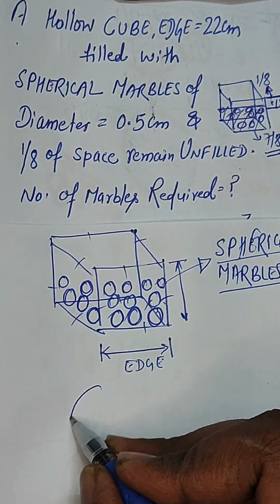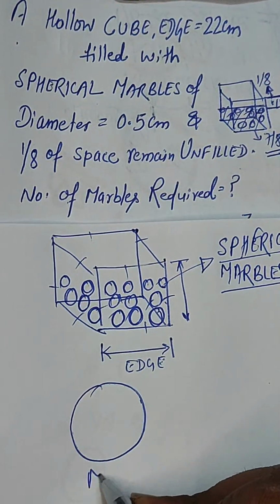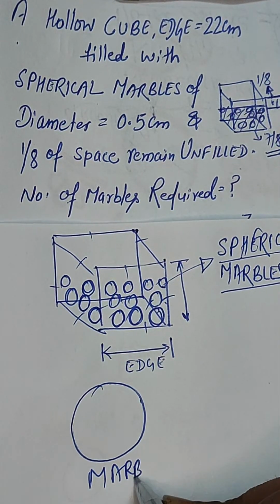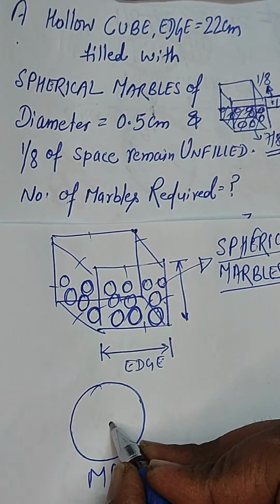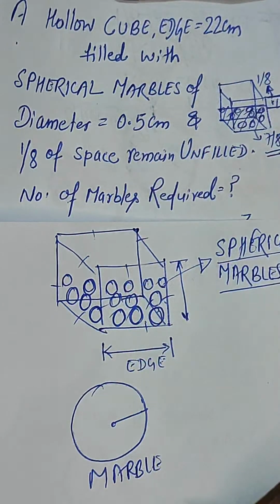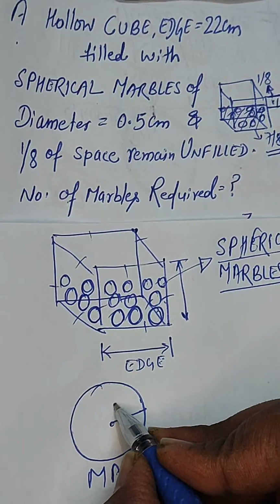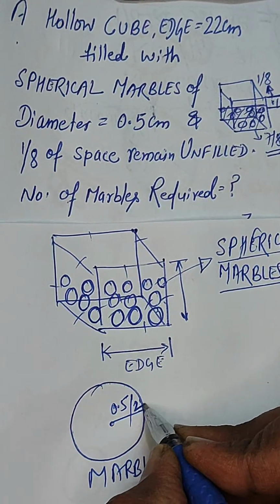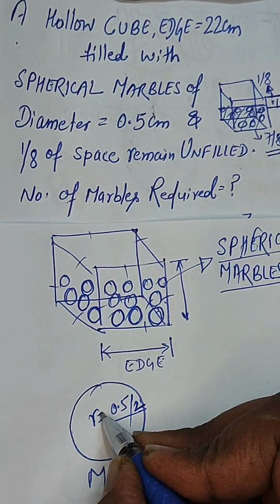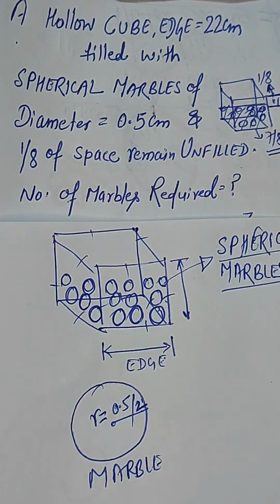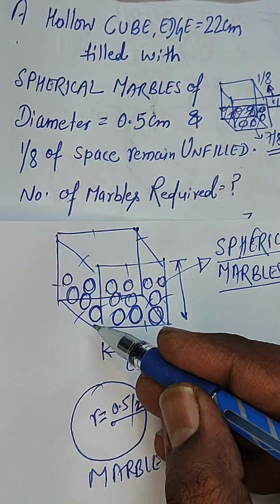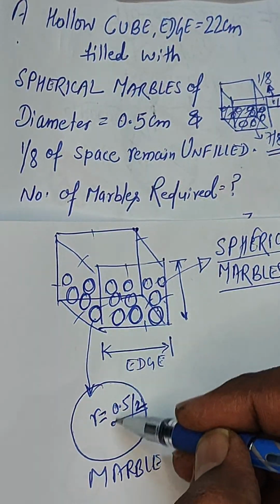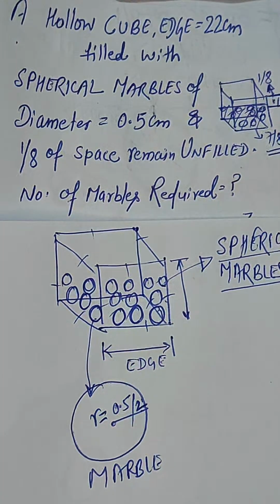So if this is one of the marbles, then we can say that the radius of this is diameter by 2, that is 0.5 cm is the diameter, then divided by 2 is your radius of the marble, right? Now all such marbles are occupying this cube.